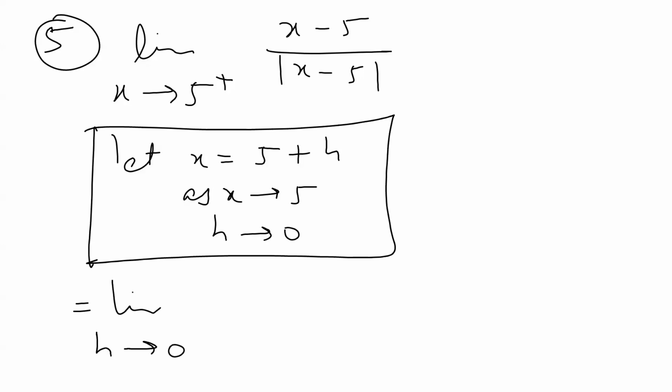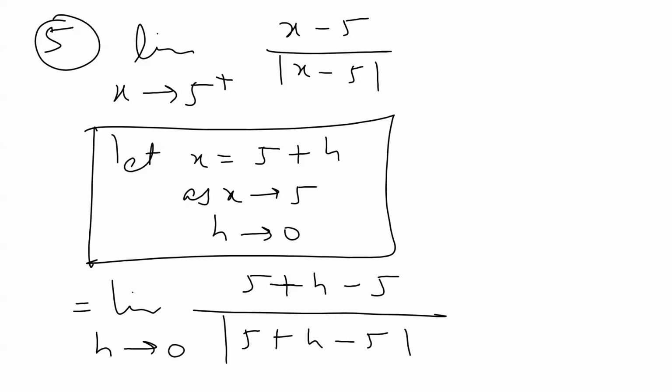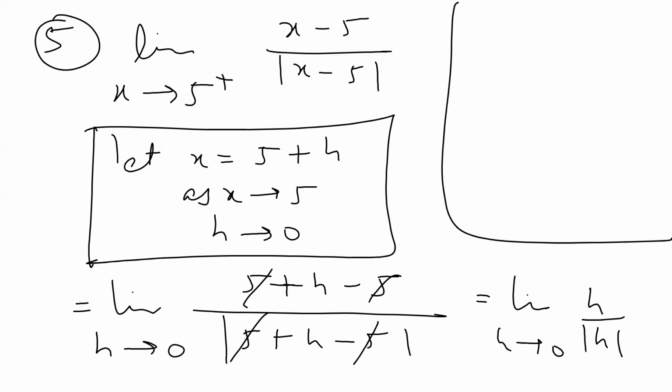So limit h approaches 0, 5 plus h minus 5, modulus of 5 plus h minus 5. So this is h upon modulus of h. Okay. So limit h approaches 0, h upon h, which is 1. That was question number 5.